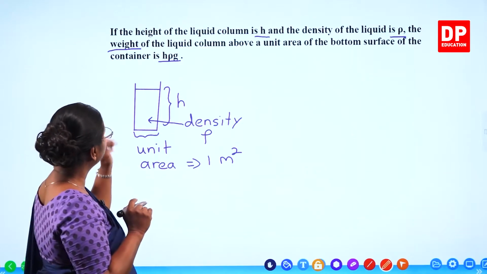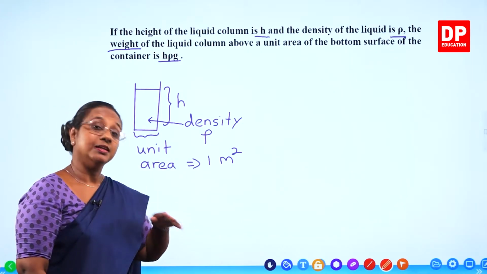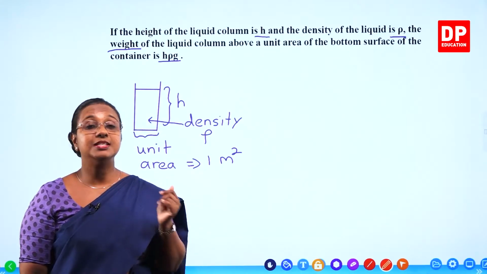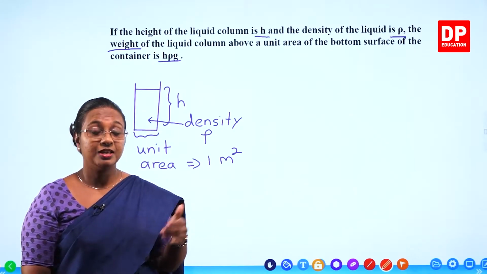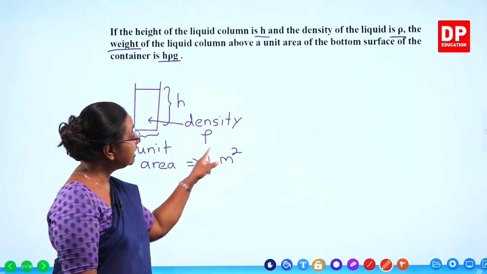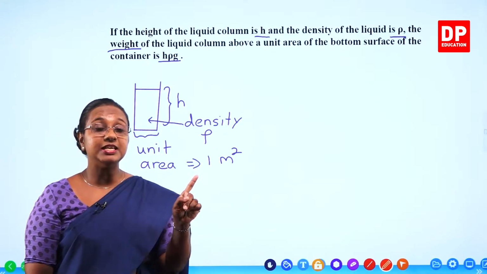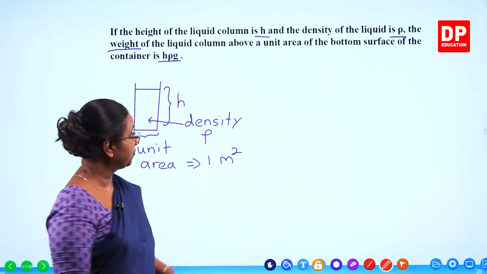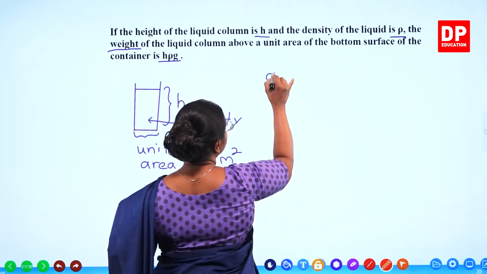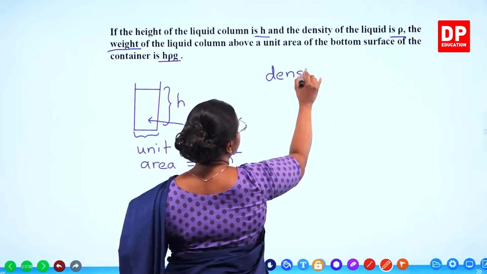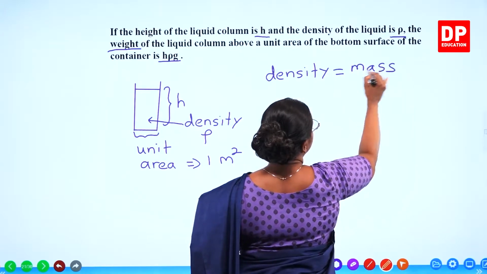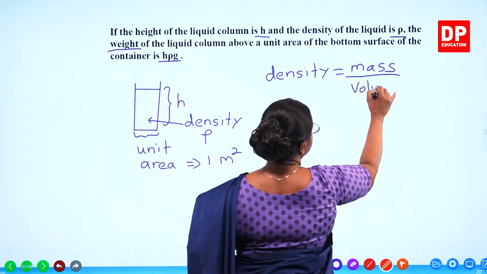So how can we find the weight? You all can recall. Weight is equal to mass into gravitational acceleration. And mass, how can you find from all these? We have the density. You all know density is mass over volume. So if we write the equation for density, it is mass over volume.